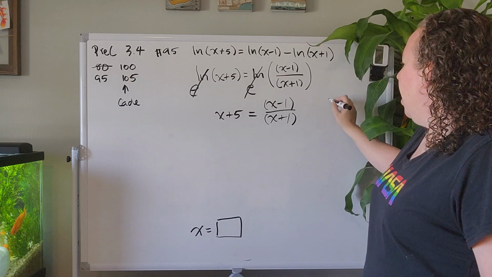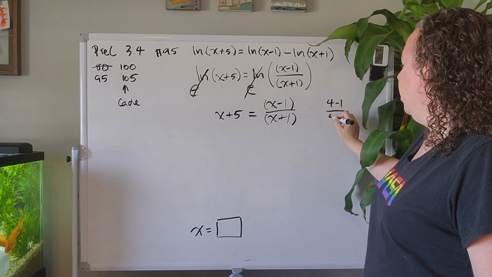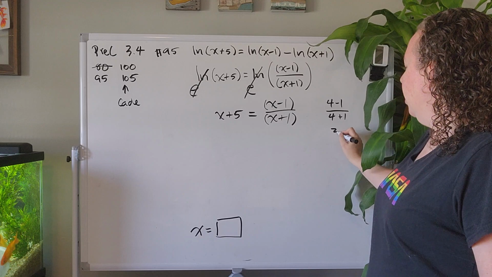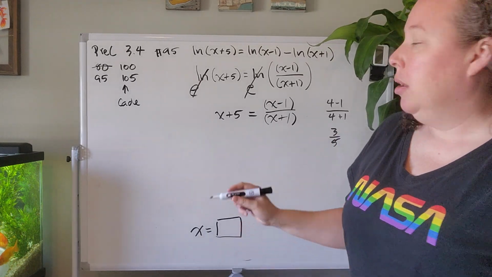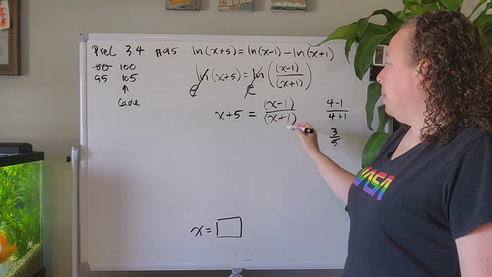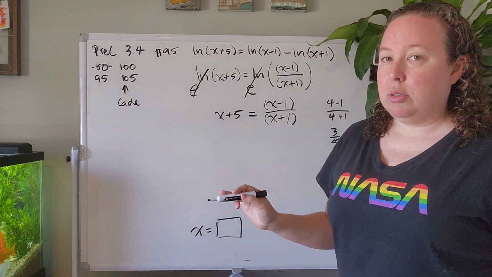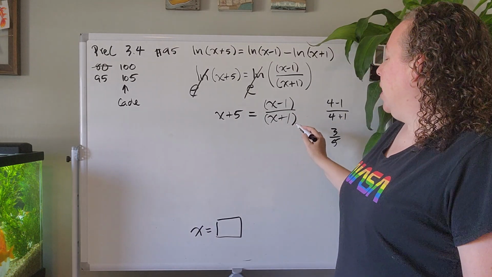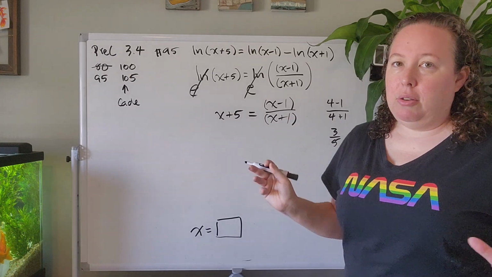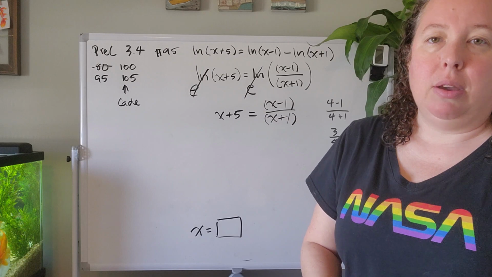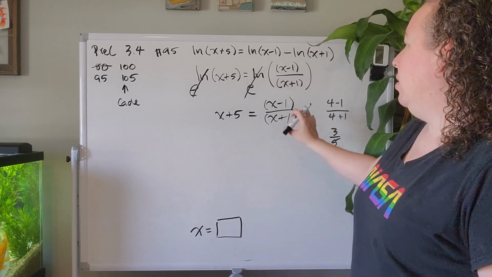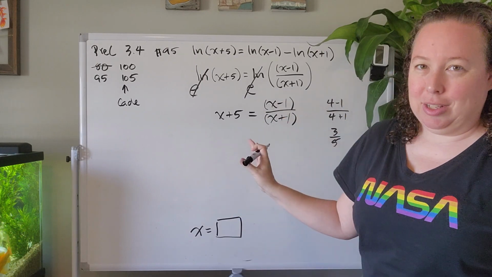How about we have 4 minus 1 over 4 plus 1. That's 3/5. That does not cancel out. So we have to remember our order of operations when we're simplifying. And basically, if parentheses are present, we can't just bust into them. There's going to have to be something that we're going to do. So these two terms do not cancel each other out.